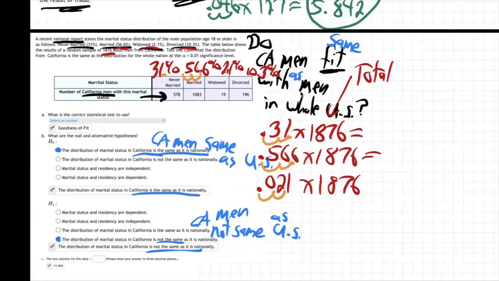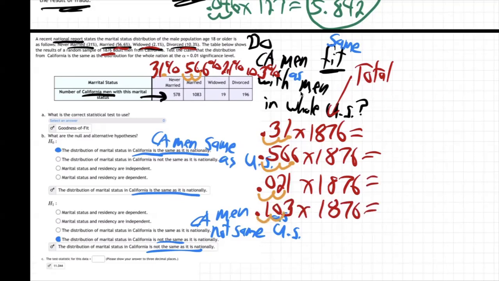If it starts between the 2 and the 1, 2 back will be 0.021. If it starts between the 2 sixes, 2 back will be 0.566. If it's not even showing, then 2 back is 0.31. That makes sense? It's always 2 more back. And then 10.3 is going to be 0.103 times 1876.